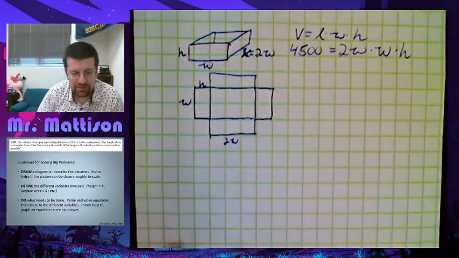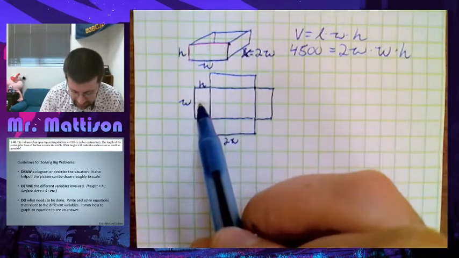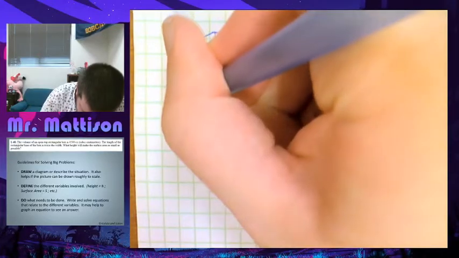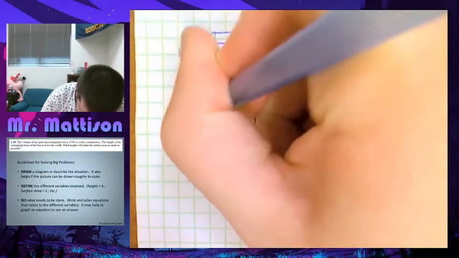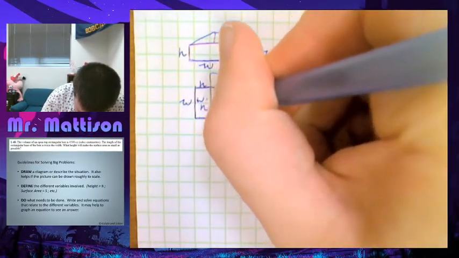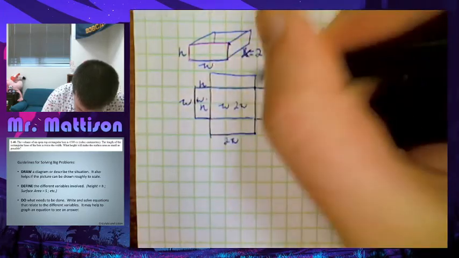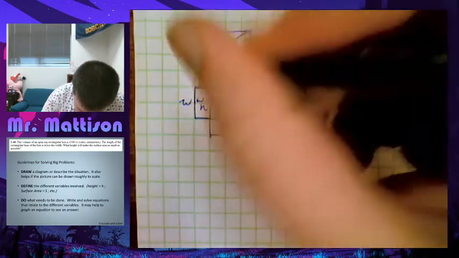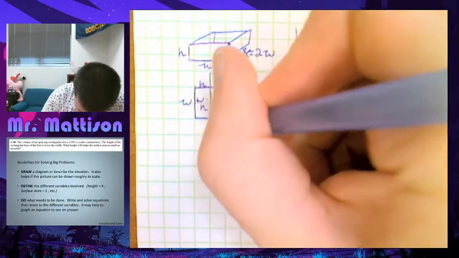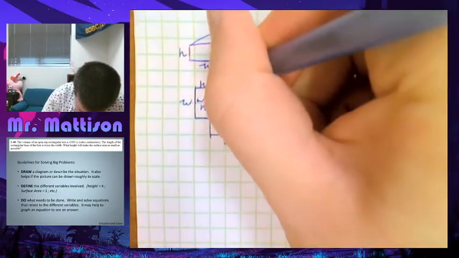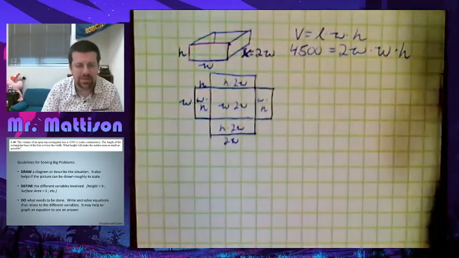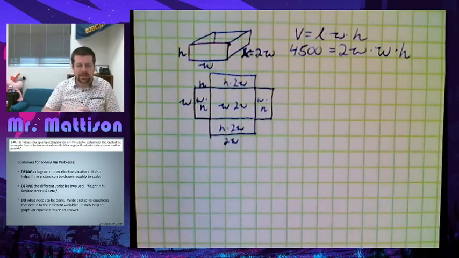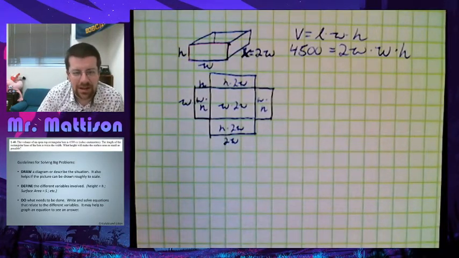The one over here is just W times H. This middle one is going to be W times 2W. This is W times H. This is H times 2W, and this is H times 2W. So that's just me doing length times width of each of those 5 rectangles.